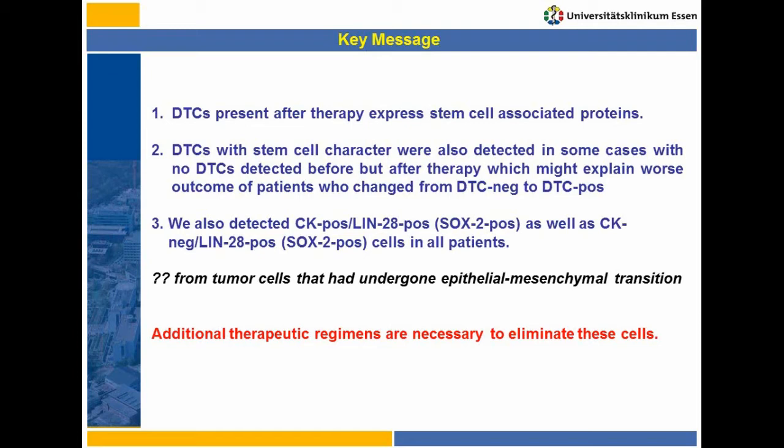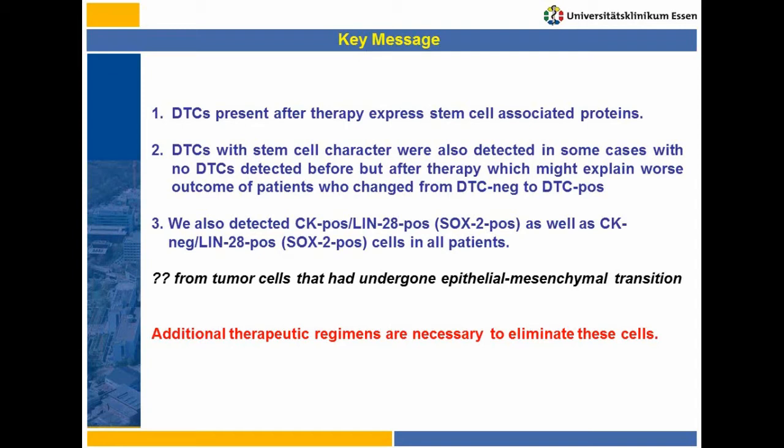And we believe that these cells progressed under therapy because these cells cannot be eliminated by chemotherapy. And this might also be the reason why the outcome of patients who changed from DTC negative to DTC positive was worse.